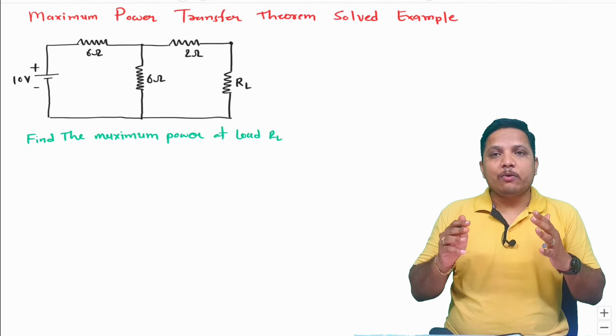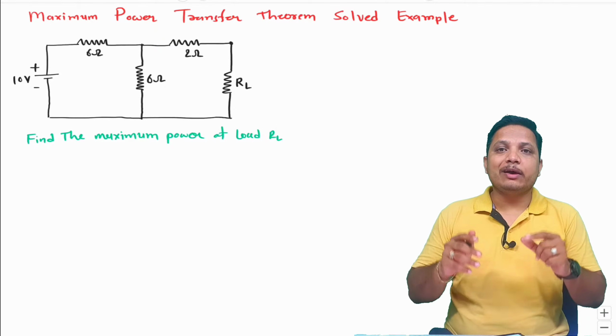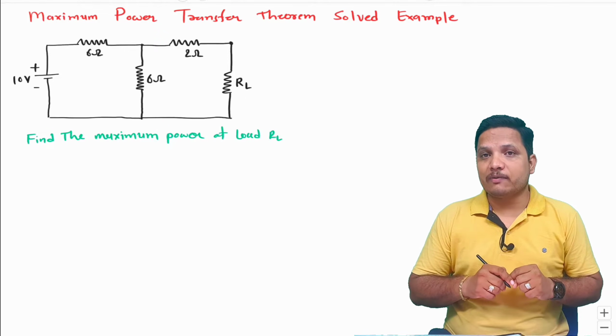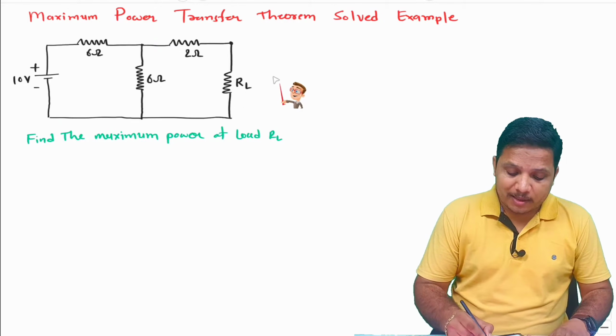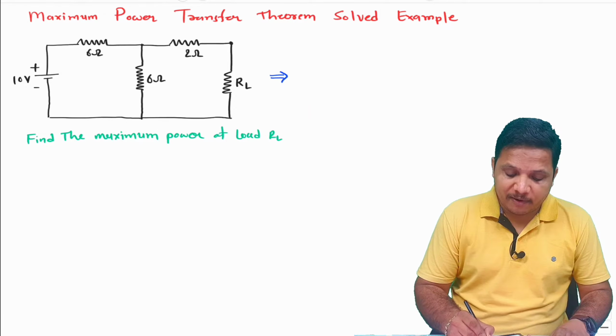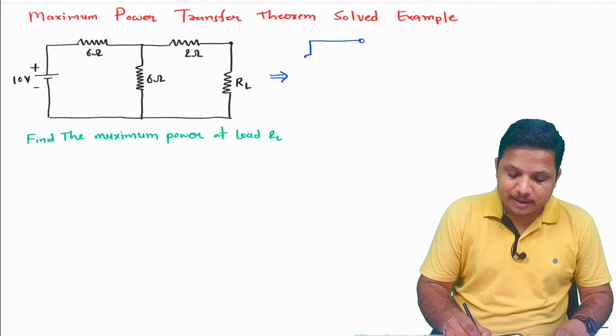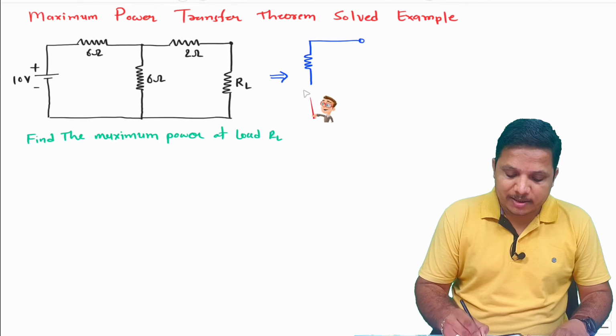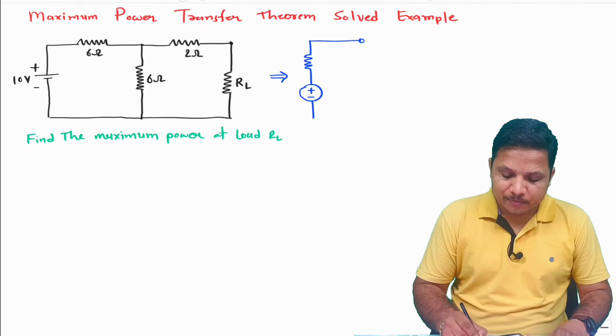Whenever you have any resistive network, you will have to simplify that resistive network first. Let me show you the simplified version of the resistive network. That will be a series combination of resistance and potential.